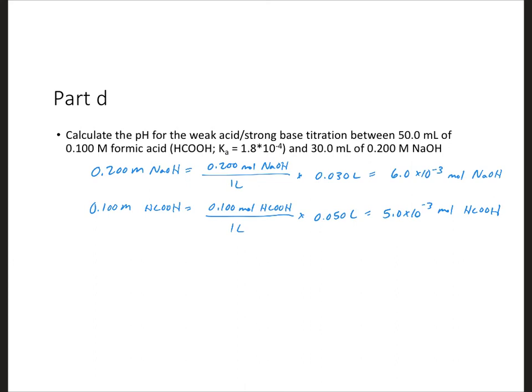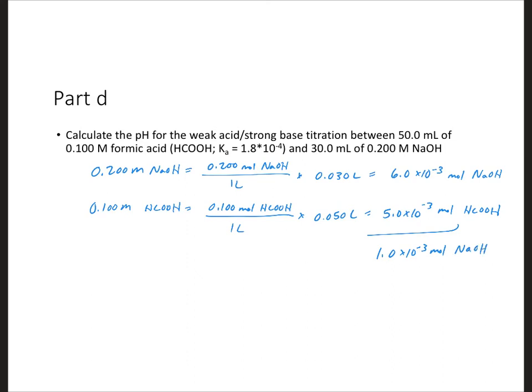You see that that number is smaller now than the number of moles of sodium hydroxide. So we definitely have an excess of sodium hydroxide. So the difference between those two numbers, the subtraction, is going to be 1.0 times 10 to the minus 3 moles of sodium hydroxide, which would be the same as the number of moles of just those hydroxides.